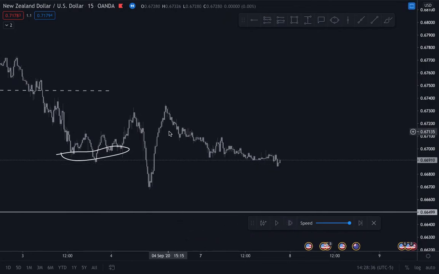As you can see, the sellers are having a very hard time pushing lower. We were very choppy coming down. We haven't really made a lower low since this point. Yes, this is a little bit lower than this, but like I said before, it's relative equal lows. We haven't really created a lower low.